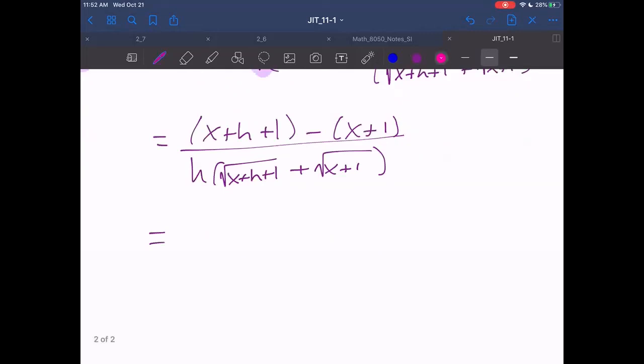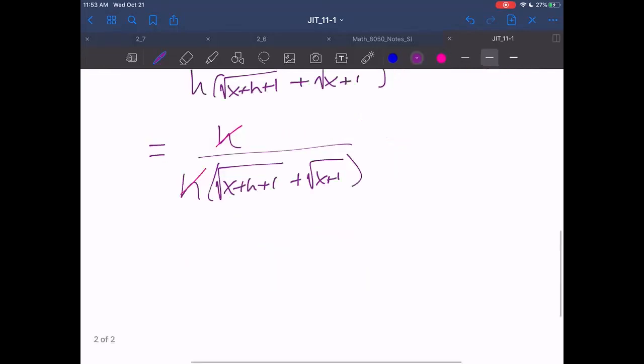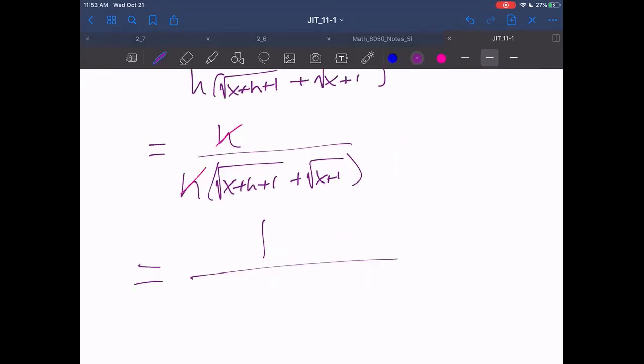Then our x's cancel because we distribute this negative, and the 1's cancel. So we're left with h over h times (root x plus h plus 1 plus root x plus 1). My h's will cancel, and I'm left with 1 over (root x plus h plus 1 plus root x plus 1).